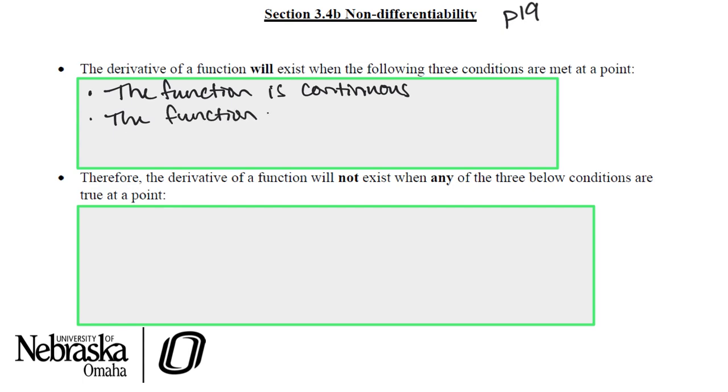That means that there are no sharp corners or curves, like an absolute value function where there's a point, that would be not smooth. And then the third thing, at this point, the function does not have a vertical tangent line.